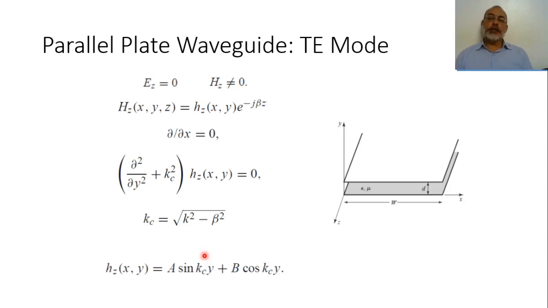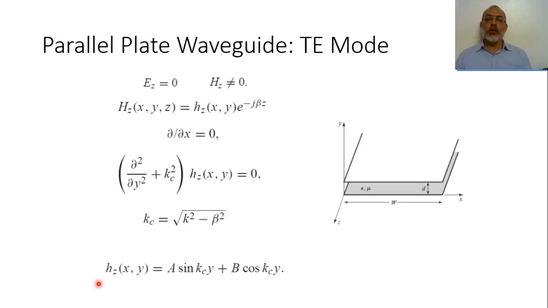In the present case, we cannot apply the boundary condition directly on Hz because the boundary condition states that the tangential electric field component on the conductor would be 0. But this is Hz, the magnetic field, not the electric field.